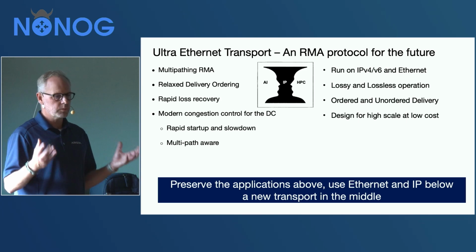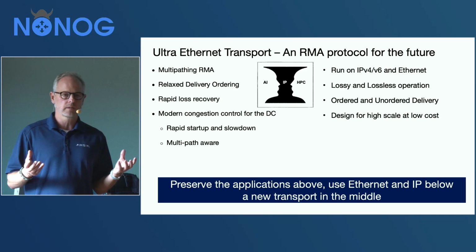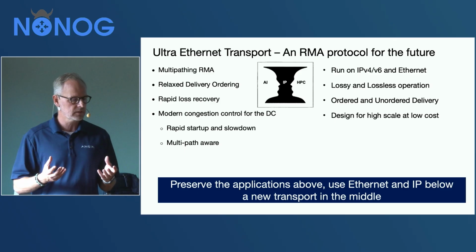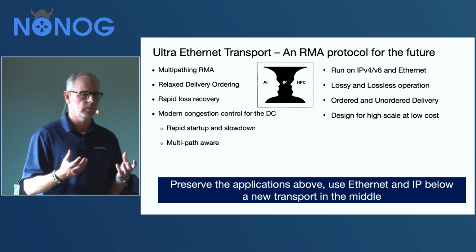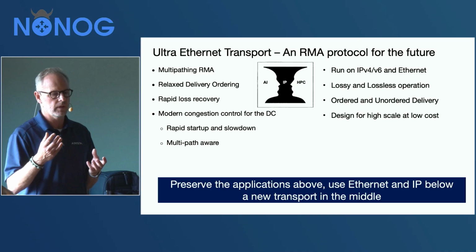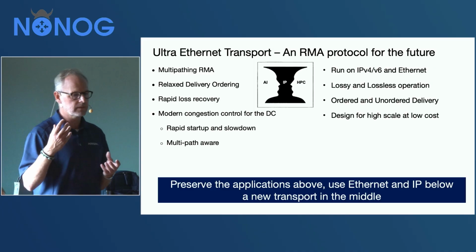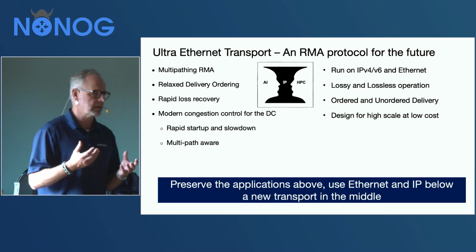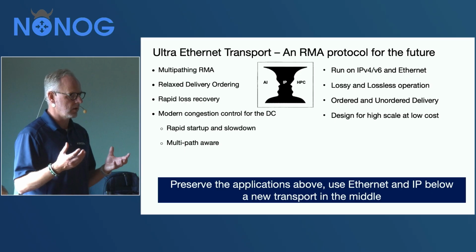It will run on IPv4 and IPv6. It's designed for really large scale, so it will take advantage of what exists today, the addressing, the routing, etc., in the fabric. But what it adds is multipathing RDMA.